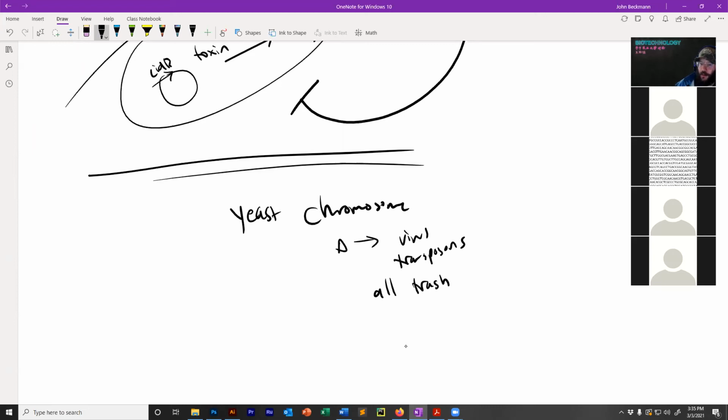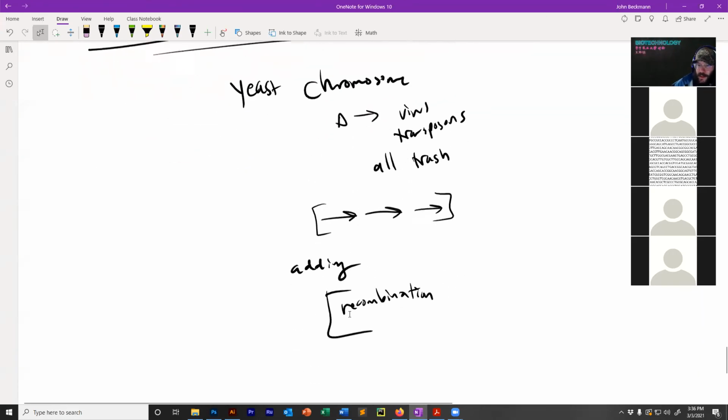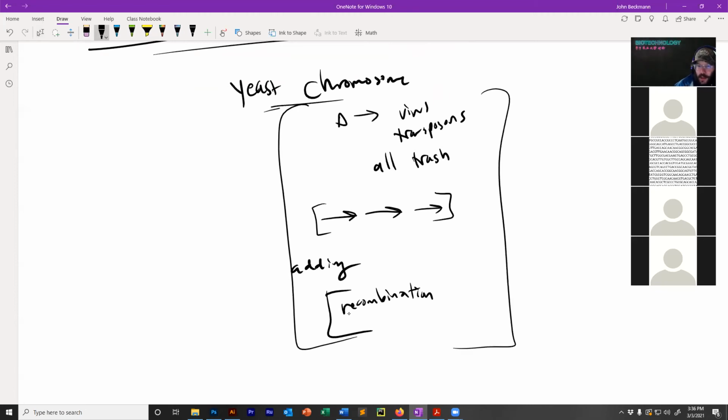And they're reorganizing it, building operons, making things localized together so that it makes sense. And then they're also adding in features you might want, like recombination sites. So these people who are intelligently redesigning the yeast chromosome, they are working with 5,000 genes.